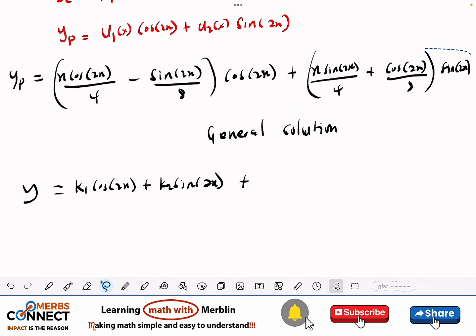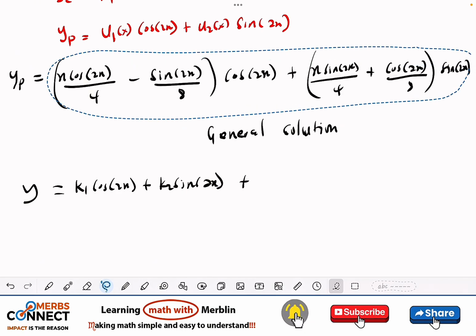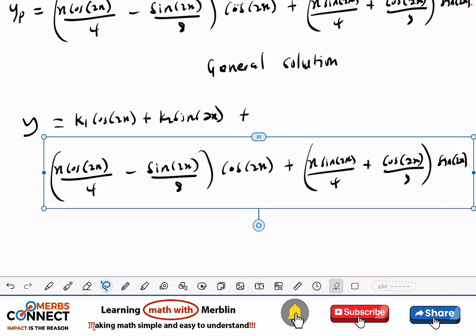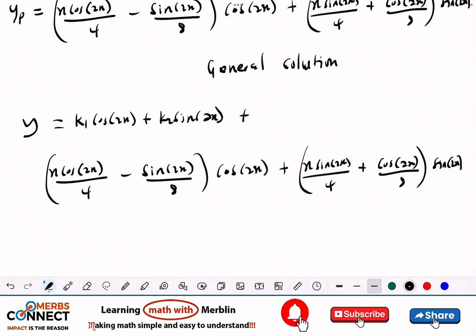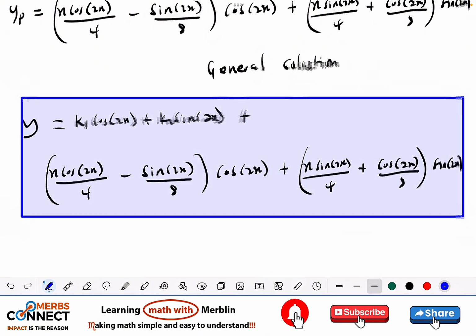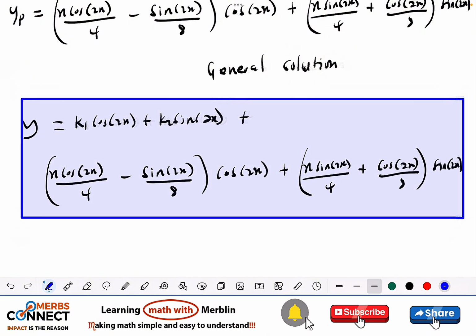So let me just copy this one and paste it. Good. So plus this. So the whole of this big thing is our particular solution. Good. I said particular, this will be the general solution.